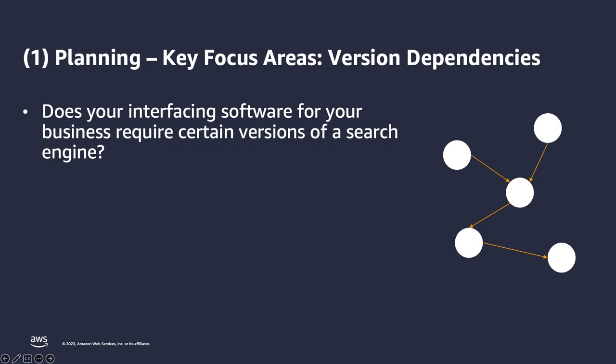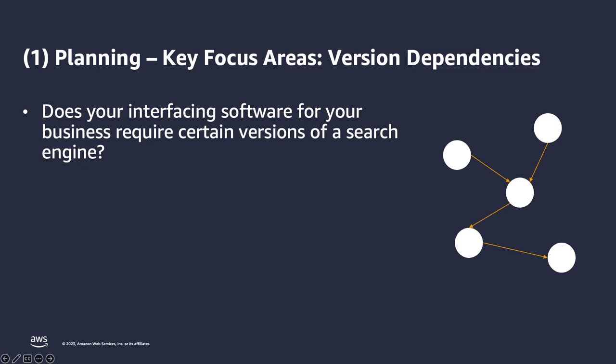The next key area for planning is your version dependency. This is typically discussed in a search use case where you have an external application, like your container application or your backend API, interacting with the search cluster.